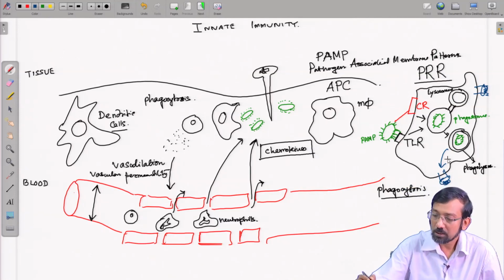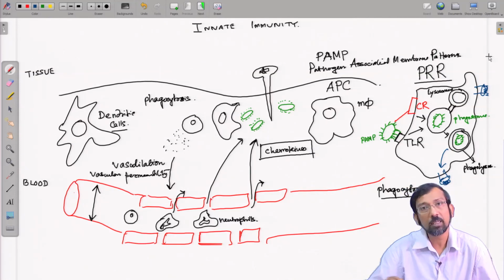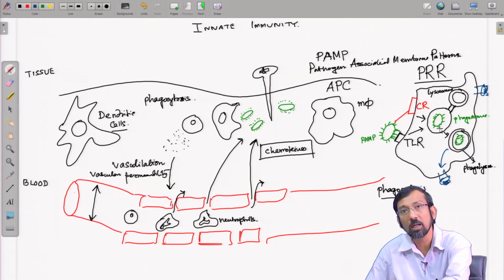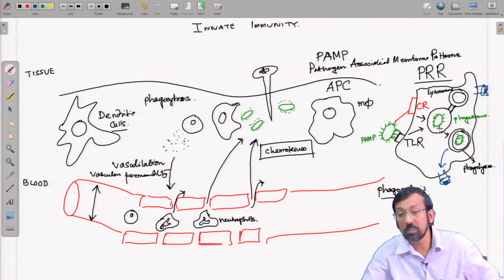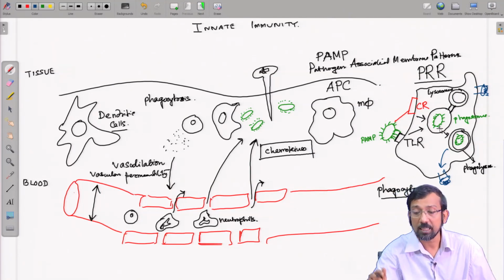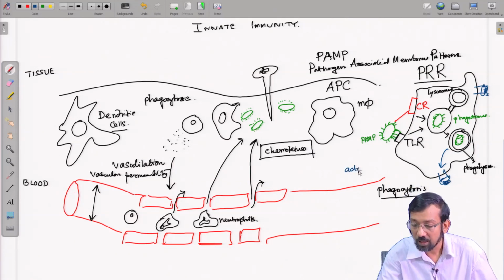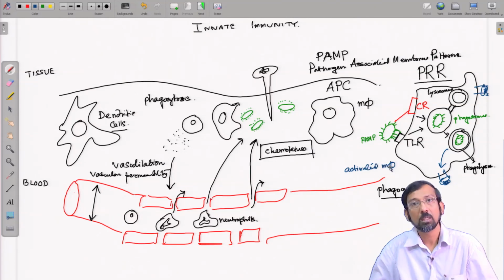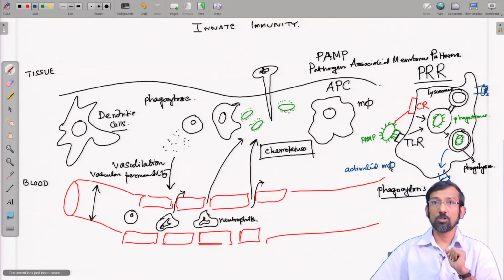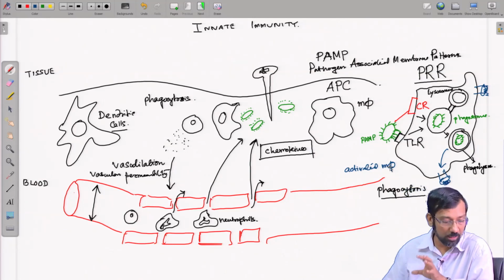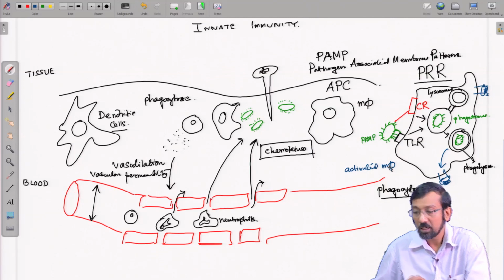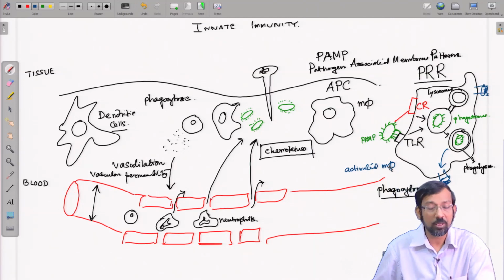So, this entire event that we described in this part actually shows it for a tissue macrophage. Now, this macrophage is an activated macrophage. What does this activated macrophage do? It actually does a lot of things. This same thing we can see also in the case of a dendritic cell.